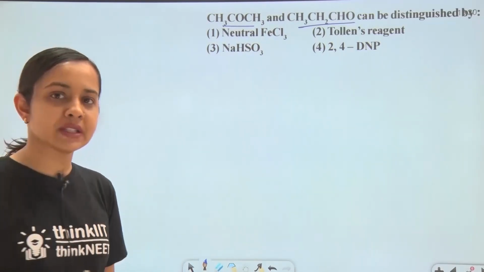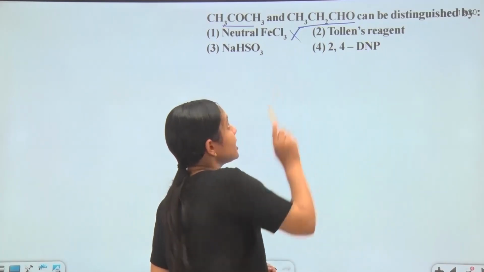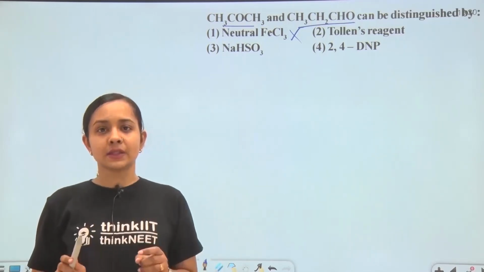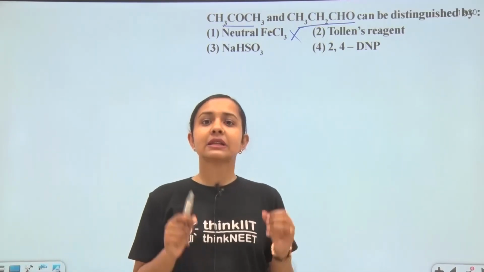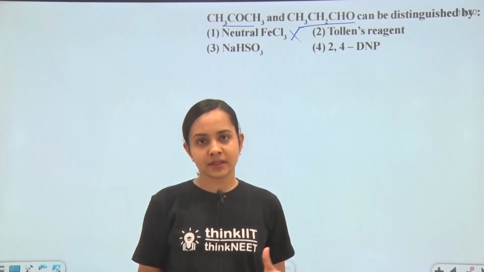First one is neutral FeCl3. Neutral FeCl3 test is given only by phenol, so both carbonyl compounds, aldehyde and ketone, do not give this test. Next is Tollens reagent. Students, aldehydes can give the Tollens test, but ketones will not give the Tollens test, right?